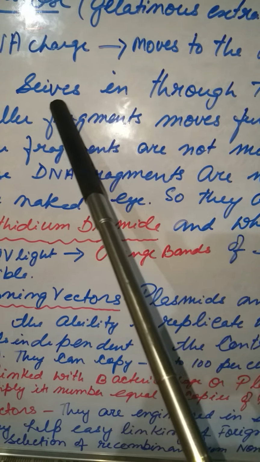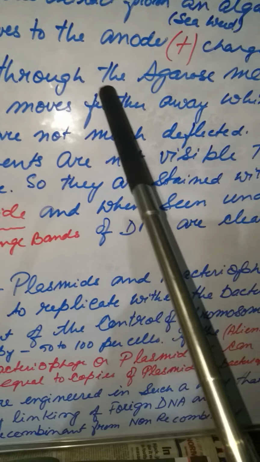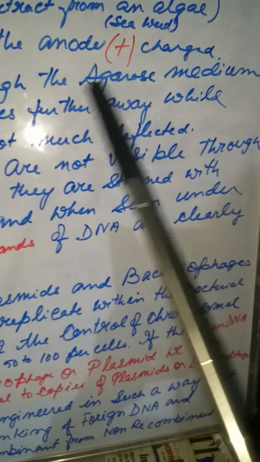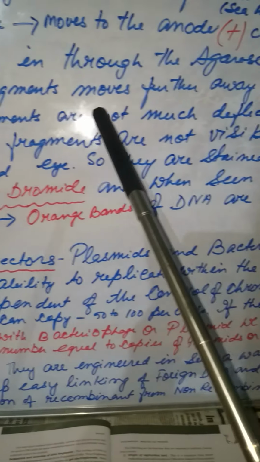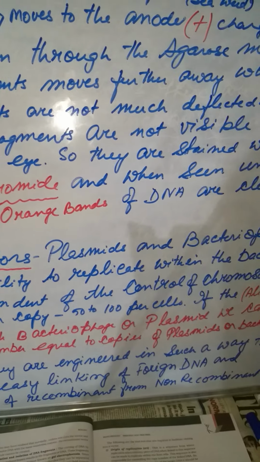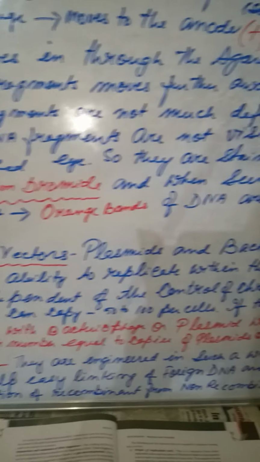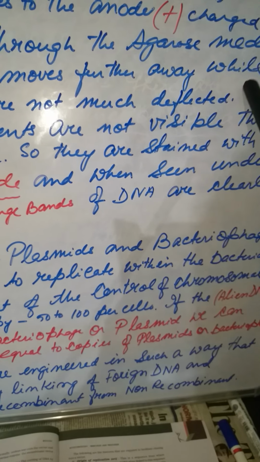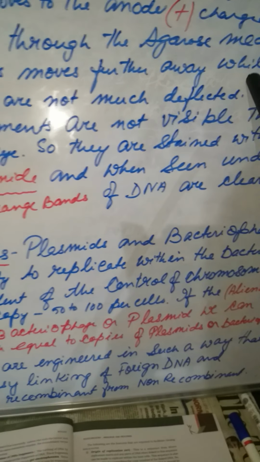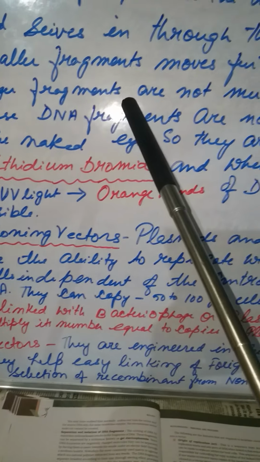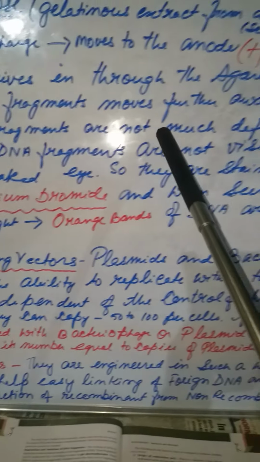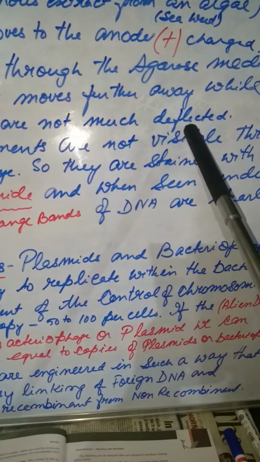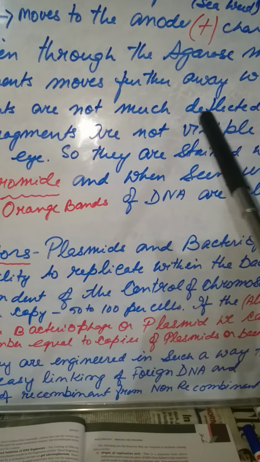These fragments pass through the agar medium. The smaller fragments move further away from the anode, while the larger fragments, since they are heavier than the smaller ones, are not much deflected and are found near the anode itself.